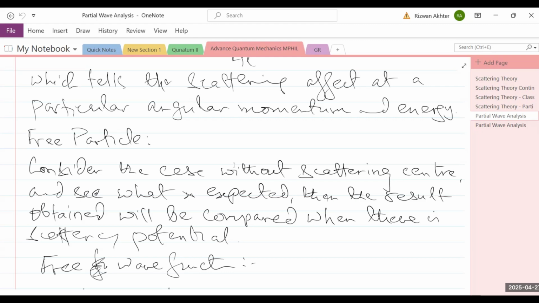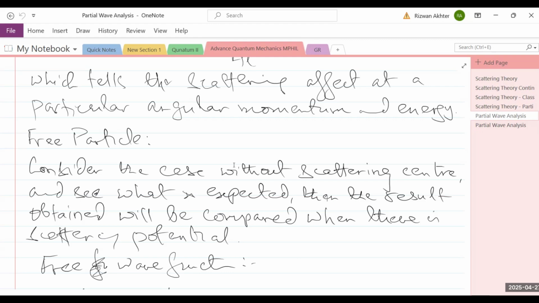And let's say we start with the case where we have this incoming particle, which is a free particle and does not have a scattering center. So let's say we consider the case without scattering, that is, there is no scattering center. And we want to know the results obtained when they are compared with the scattering potential.